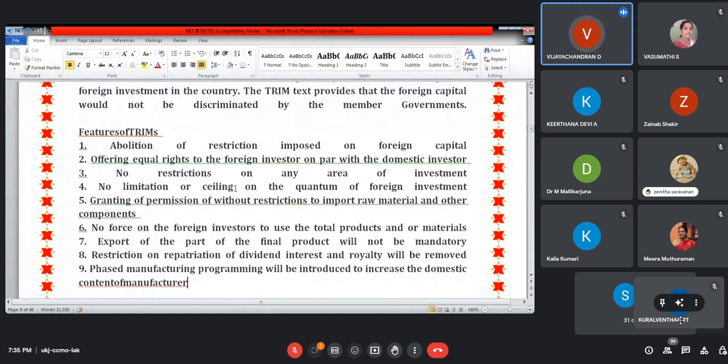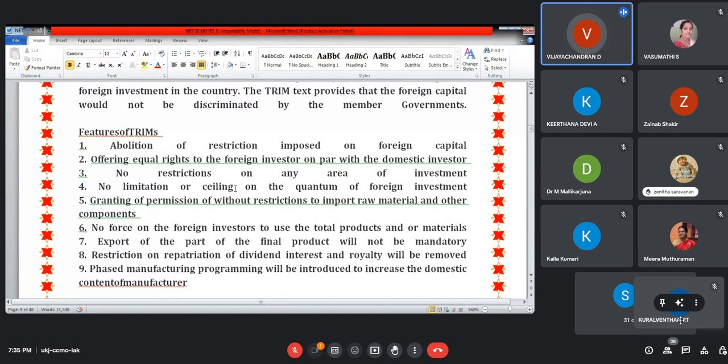It offers equal rights to the foreign investor at par with the domestic investor. So there will not be any bias in investment, where the domestic investor is given priority and the least priority is given to foreign investors. That bias and disparity will not be there.